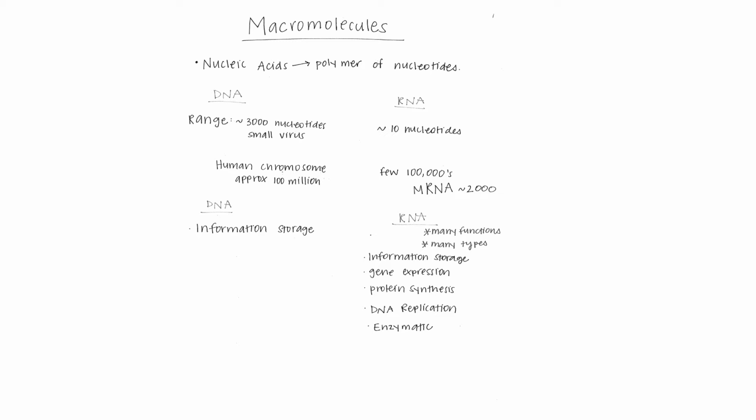They, of course, can carry out information storage just like DNA. They can be involved in regulating gene expression. RNA molecules are involved in protein synthesis. And I'm not talking about transfer RNA, ribosomal RNA, and messenger RNA. I'm talking about other types of RNA molecules that can regulate the process. RNA molecules are involved in DNA replication.